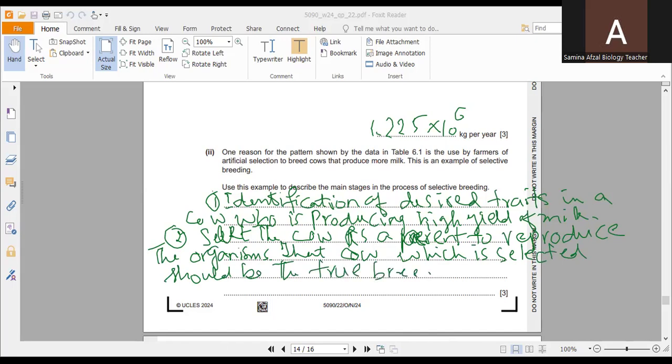True breeders are those organisms which give the same results after many generations. So they produce only the desired characteristics, or the desired requirement is there in those types of cows.